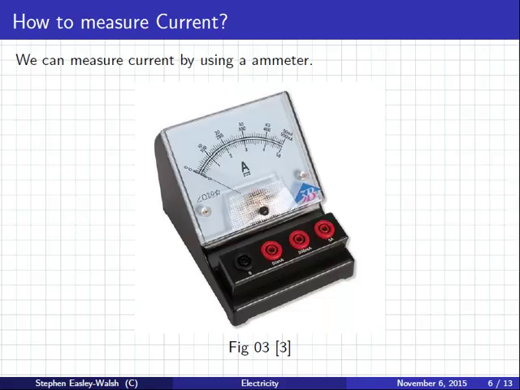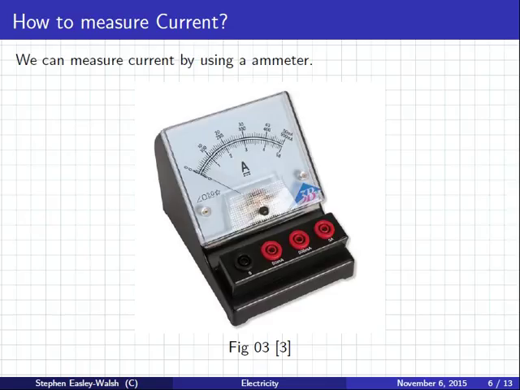Don't worry about the red 3 and red 5. Well, this one here, I can't even see it, but I think it's for different levels of current. So if you have milliamps, you can use one. It's for the level of the current, because you see that you have 3 numbers here. So I think this one may be milliamps and this one's amps. I'm not sure. Okay, did you write that down? We can measure current by using an ammeter.